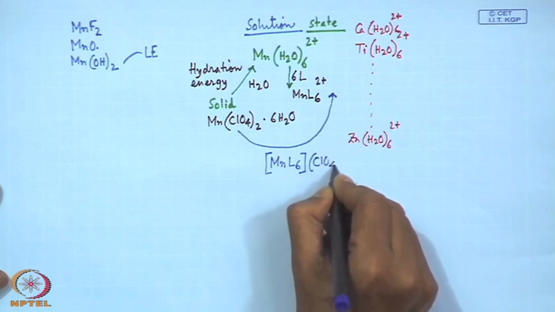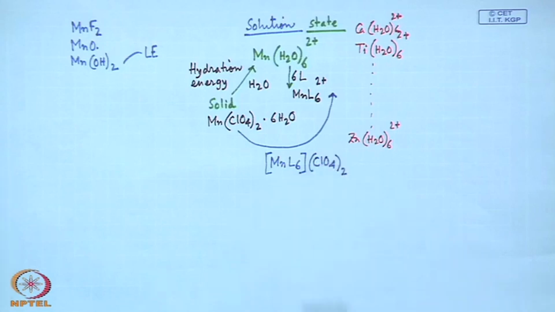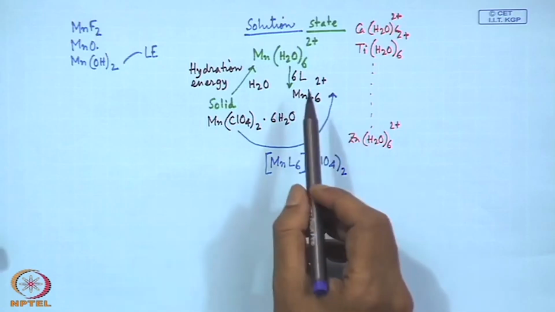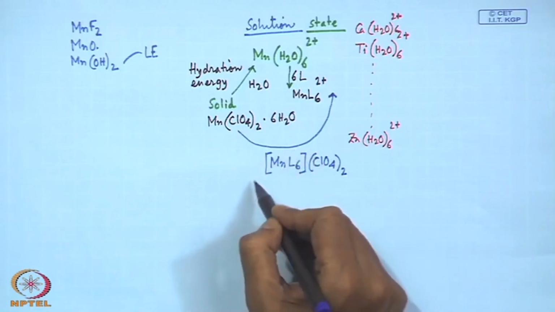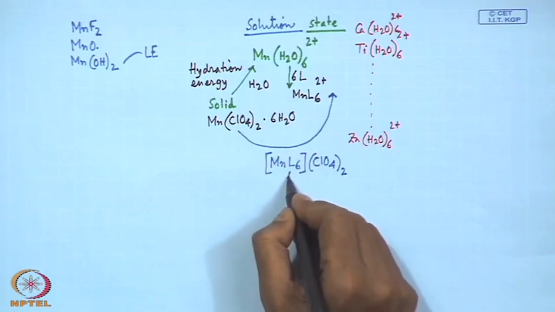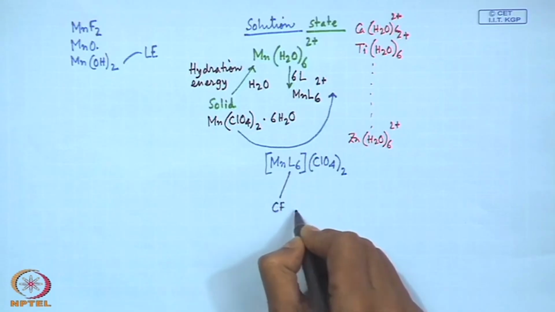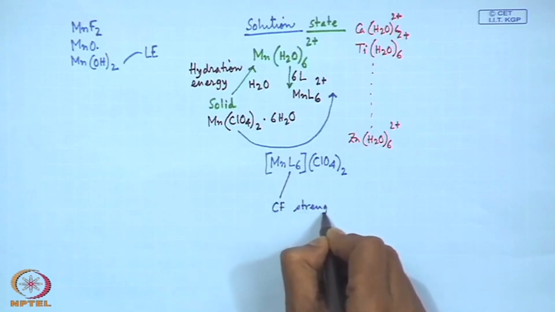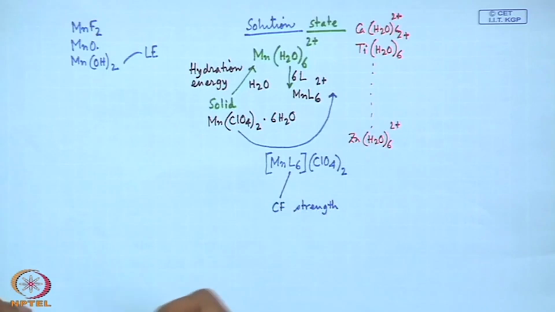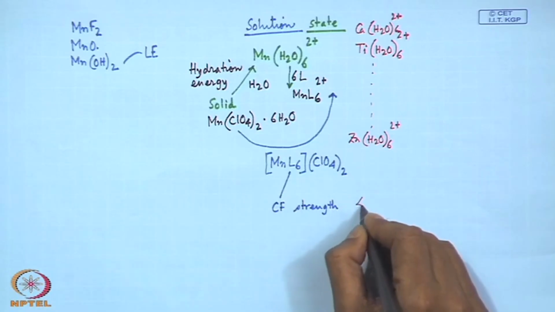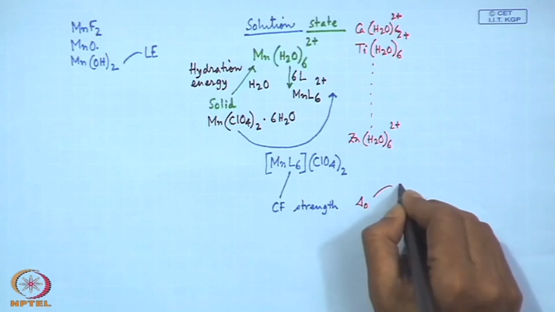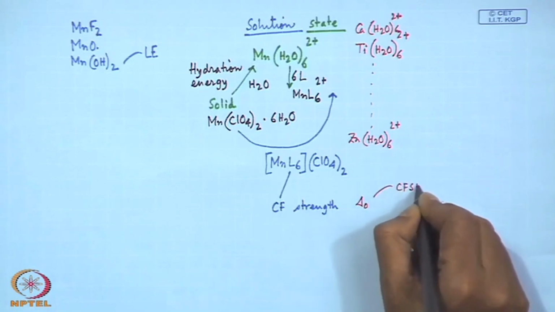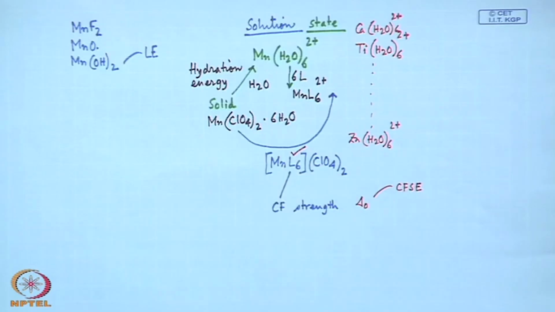So we will have the corresponding MnL6 perchlorate salt. We will have all sorts of other contributions afterward. Whenever we are forming the metal complex, depending upon the crystal field strength of the ligand system, we can have different magnitudes of crystal field splitting and their corresponding CFSE values for this particular ligand.